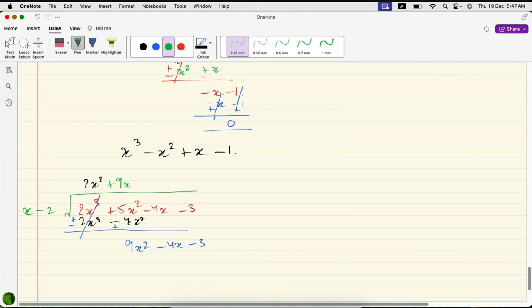With 9x, we get 9x square minus 18x. And the difference is 14x minus 3.